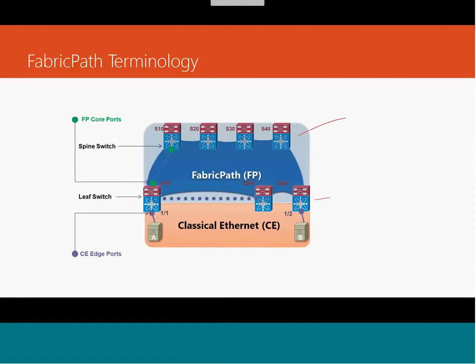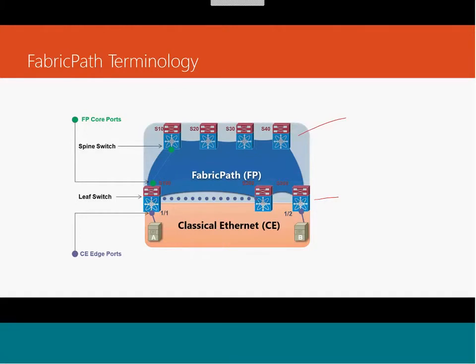Then there's the leaf switch, which connects to the Fabricpath core, but at the same time, it also connects to the classical Ethernet environment, where you can run STP or any other layer 2 protocol for that matter, right? You have the Fabricpath edge ports, which are towards the classical Ethernet, and you have the Fabricpath core ports, which are towards the spine switches.